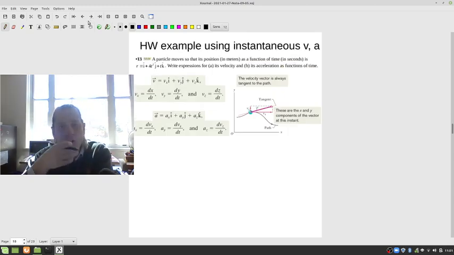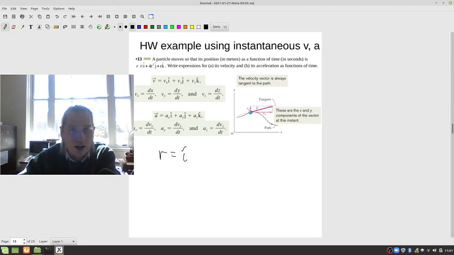So I gave you a couple of homeworks like this. In this one, for instance, it says a particle moves so that its position in meters is a function of time, and asks you to write expressions for its velocity and its acceleration as functions of time. For the velocity as a function of time, our r is i plus 4t squared times j plus t times k.